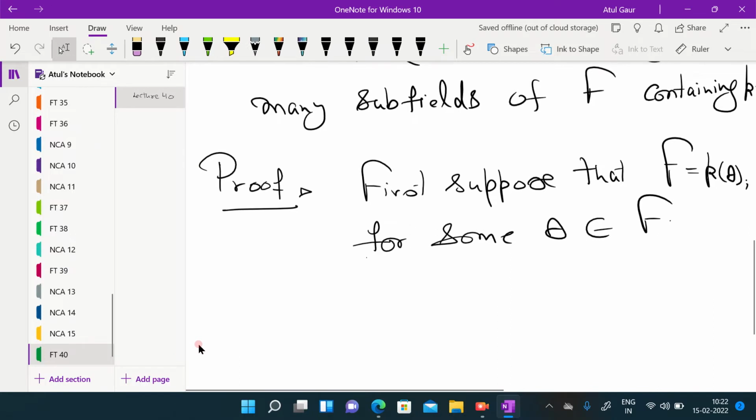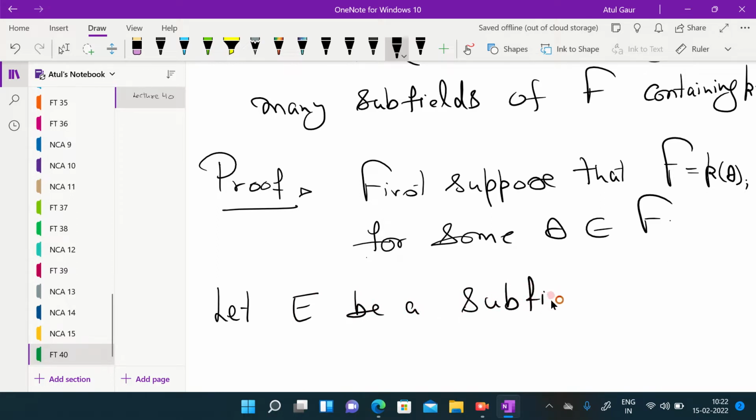So let's say E be a subfield of F containing K.